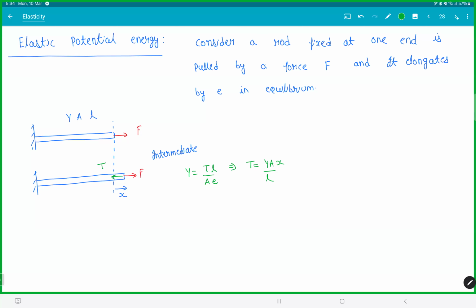It's kind of like a spring, right? The more you pull the rod, the more the elongation, and the more the resistance from the rod.